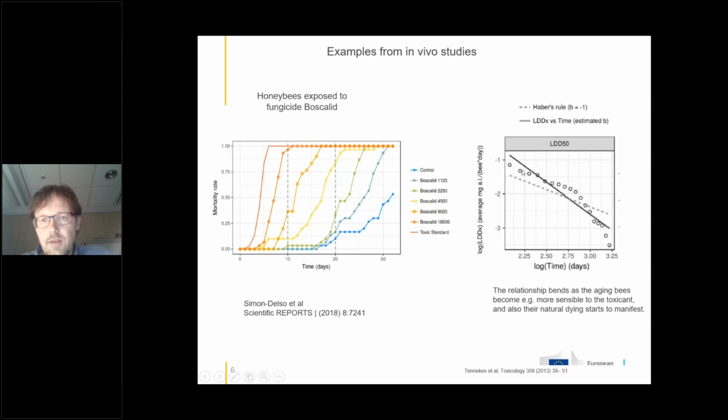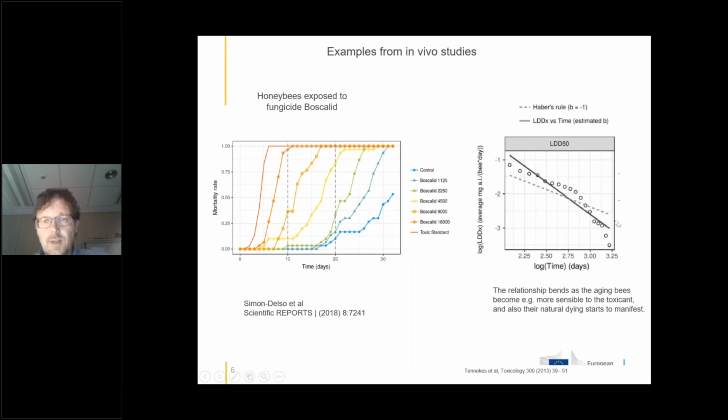And you can see that this nice relationship has two slopes. The first one corresponds to the effect of boscalid, and then it bends down, and this is affected either because the bees become more sensitive as they are aging, and on top of that their natural dying is manifested as well.